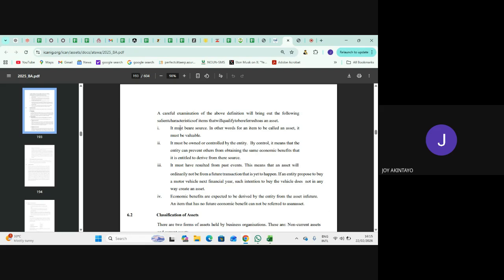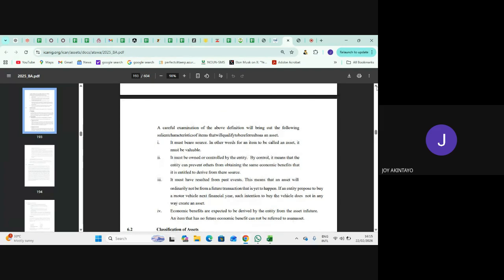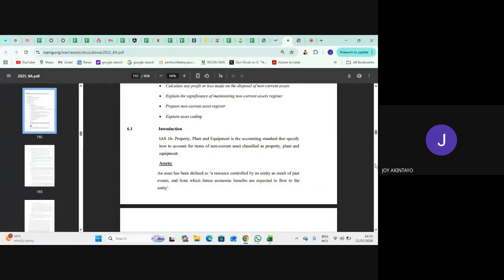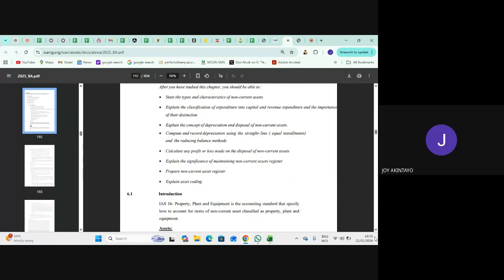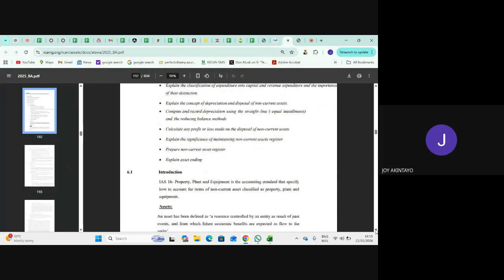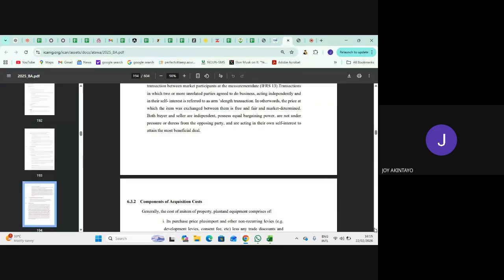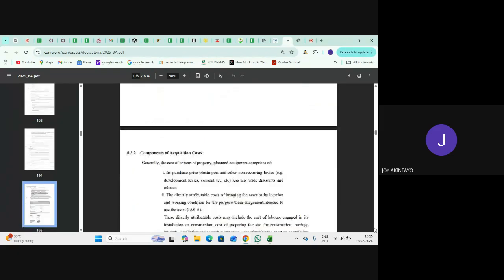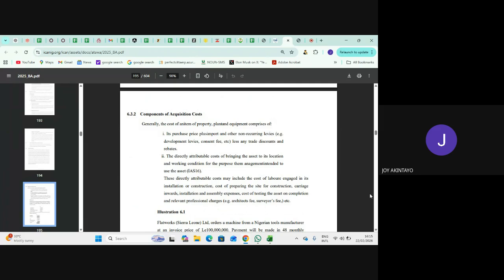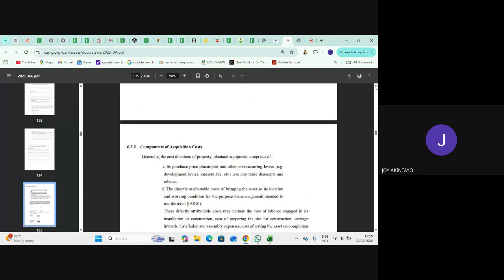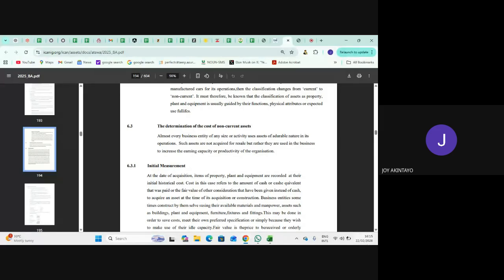So now, what are those things we need to look at? We've talked of the components of acquisition costs.